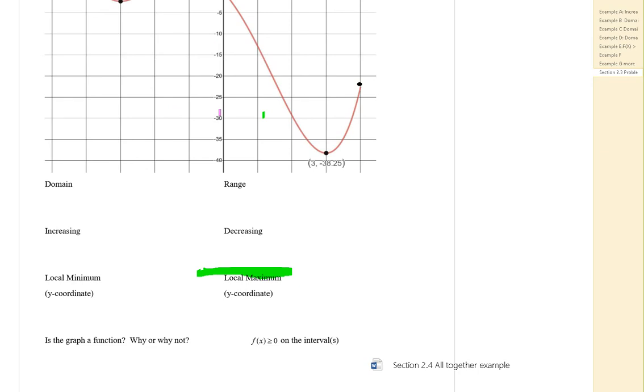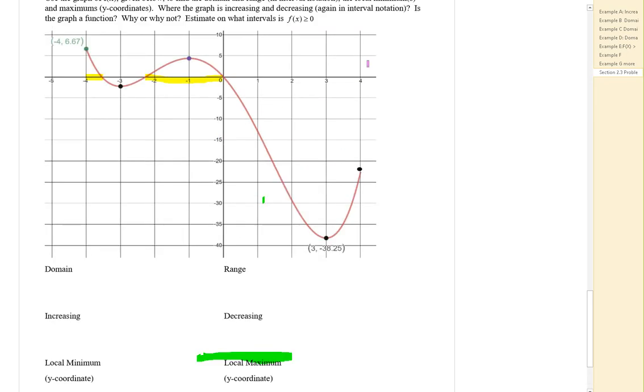Yeah. So the domain, you should be able to pick that up. That's just the x values that goes from -4 to 4. The range is going to be the y values. So let me highlight some of the y values here for us. The y values are going to go from this low value down here at -38.25 up here to 6.67.